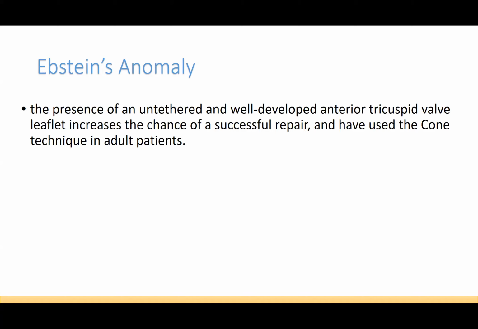I don't have a picture for that, but just to explain the cone technique in those patients, the repair requires dissection of the anterior and posterior tricuspid valve leaflets from the right ventricle attachment, because most patients with Ebstein's anomaly have the problem mainly in the tricuspid valve, as we know. The free edge of the anterior leaflet is then rotated clockwise and sutured to the septal leaflet border. This is mainly the cone-shaped technique.